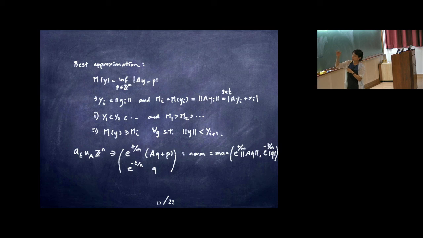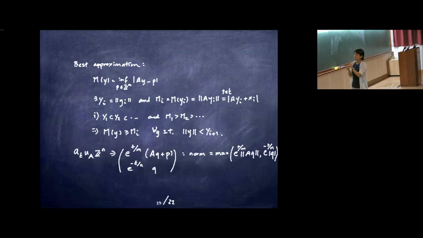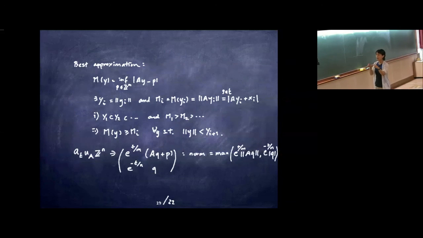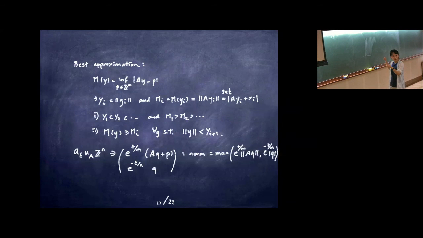So yi is increasing, mi is decreasing, and m of y should be at least mi for all y less than yi plus 1. So the yi's are the lengths of the local minima.